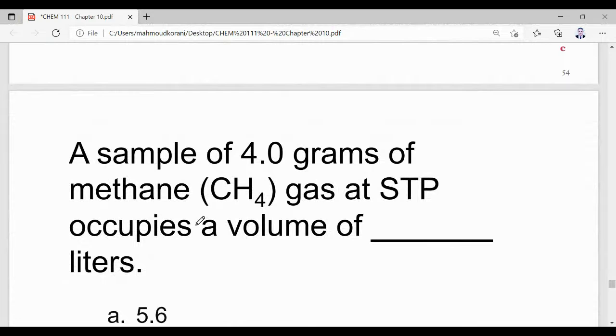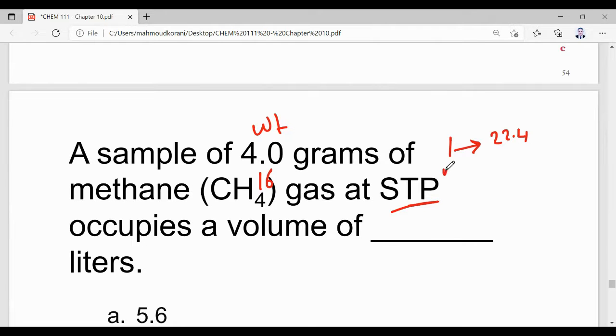A sample of 4 grams, this is weight, of methane, molecular weight 16, gas at STP occupies a volume of what? The volume of 1 mole is 22.4, and here I'm giving you the weight, which is 4.